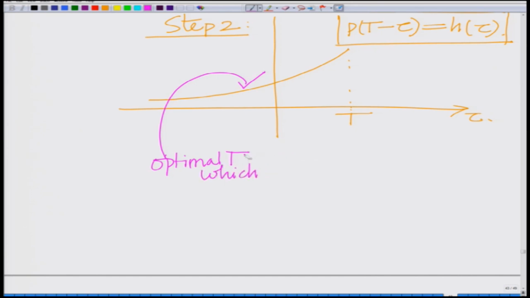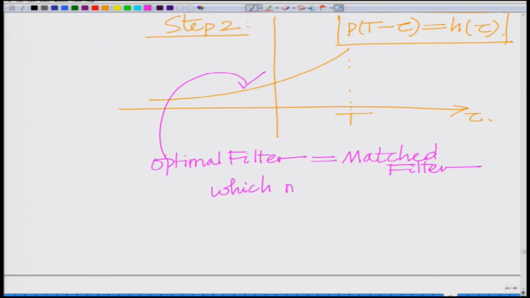This is the optimal filter, which is a matched filter, the optimal or matched filter which maximizes the SNR.